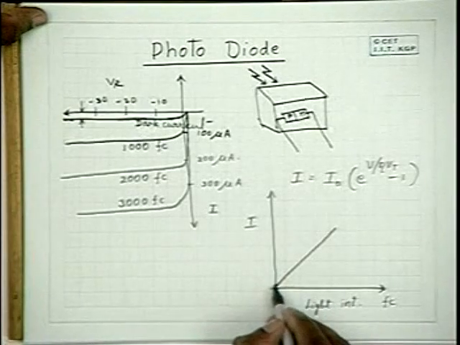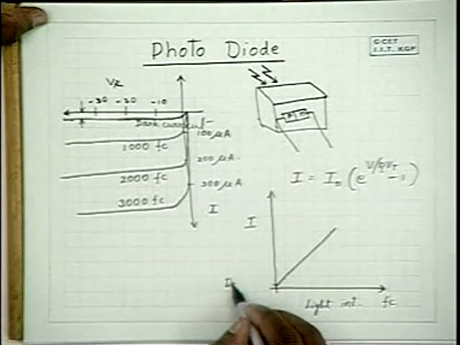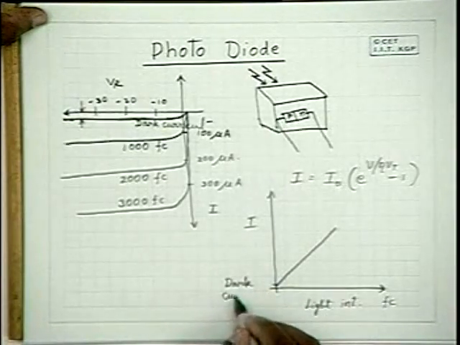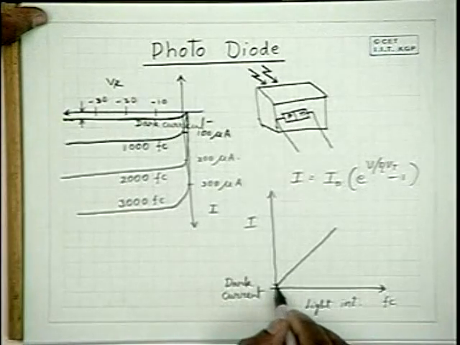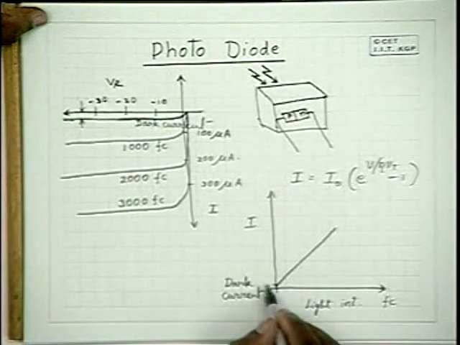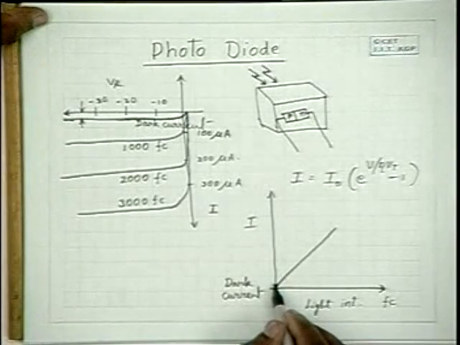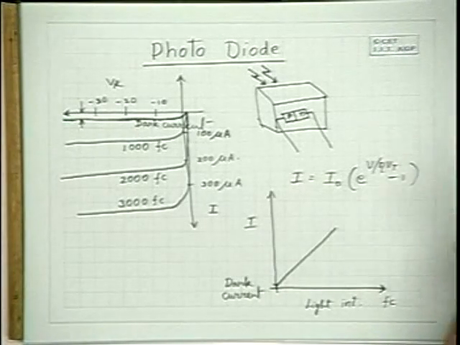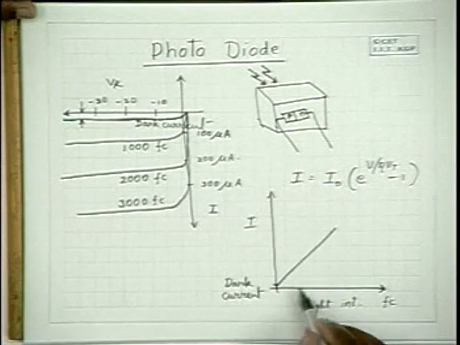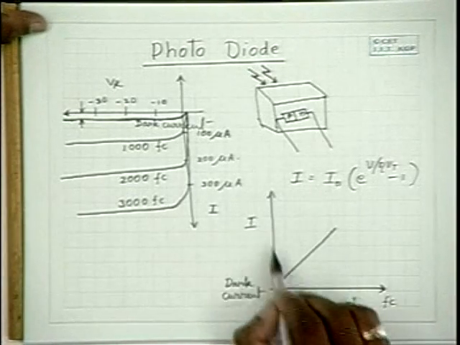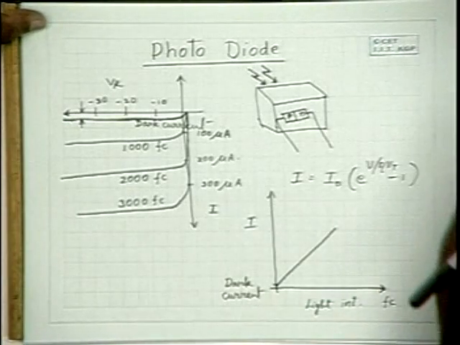So this is of course equal to the dark current. When the intensity is 0, we have some current, that is the dark current, which is equal to the reverse saturation current of a p-n junction diode. But as the light intensity increases, current increases proportionately.